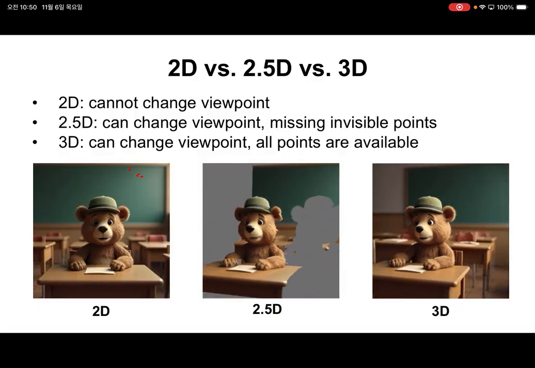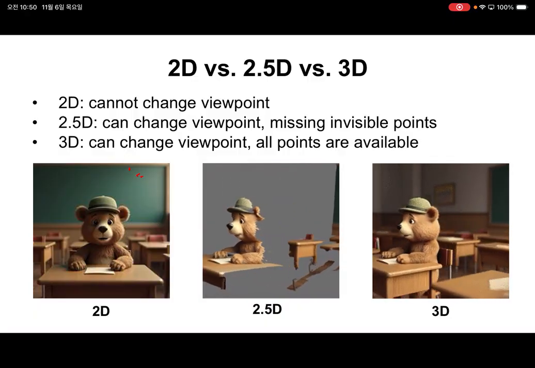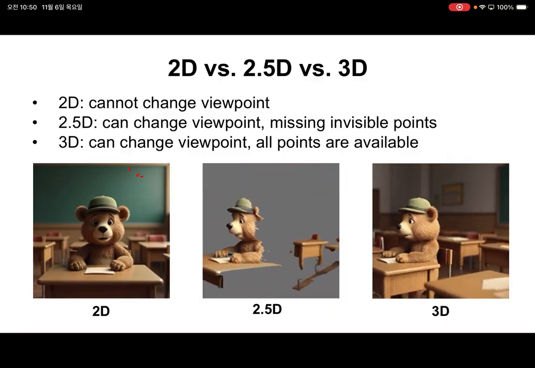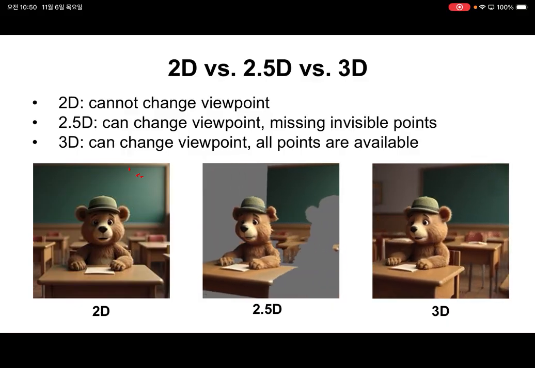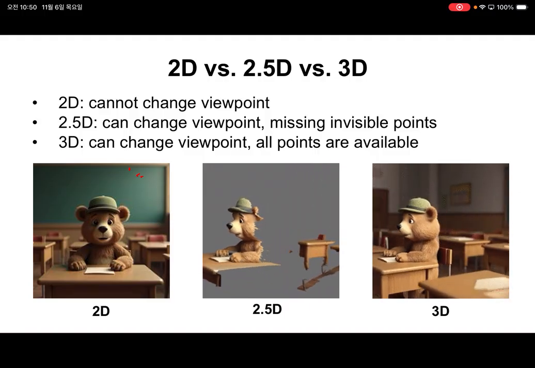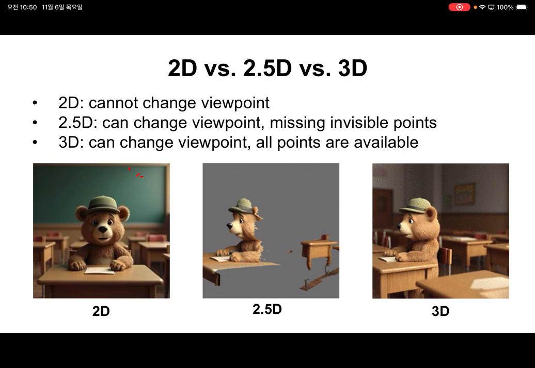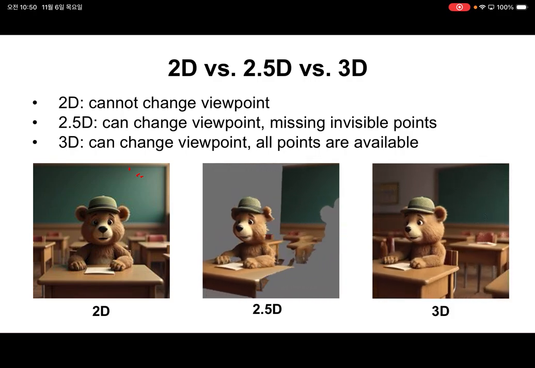But invisible points do not have pixels or Z values, so we cannot get data from them. That is 2.5D, somewhere between 2D and 3D. 2.5D is not a very official term, but people usually use such a representation in practice.